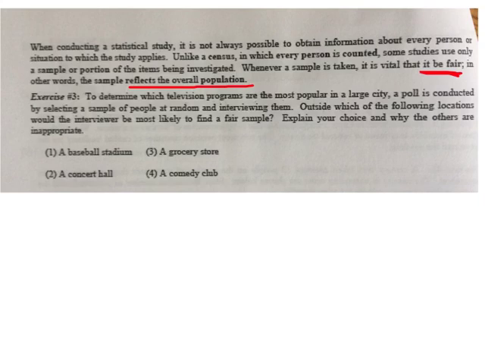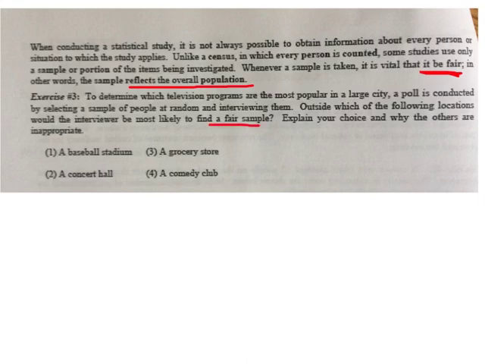Let's read exercise 3 together and do it together to talk about the word fair and what it means. It says, to determine which television programs are the most popular in a large city, a poll is conducted by selecting a sample of people at random and interviewing them. Outside which of the following locations would the interviewer be most likely to find a fair sample?